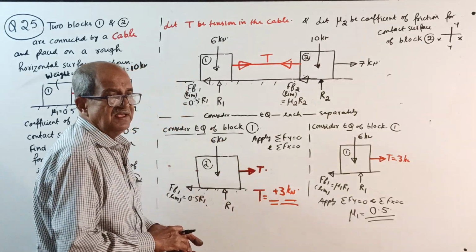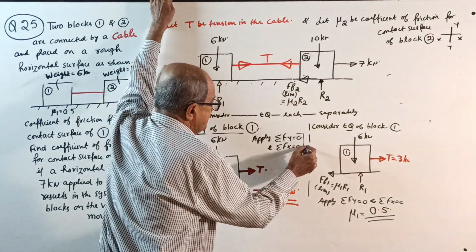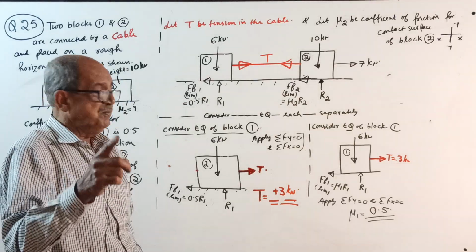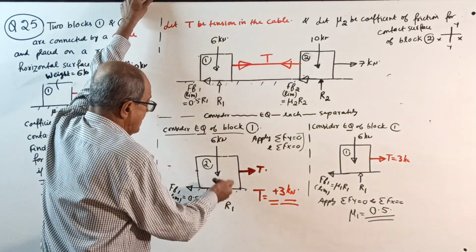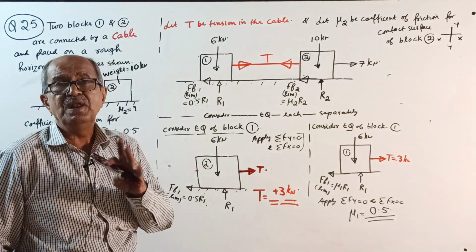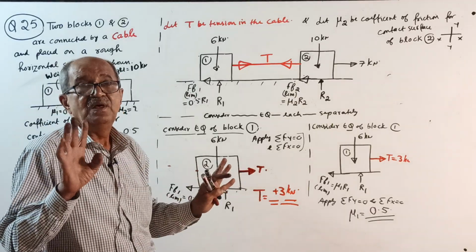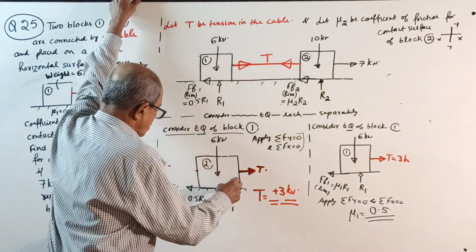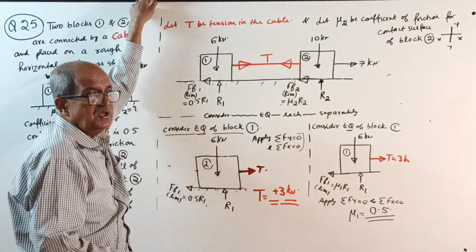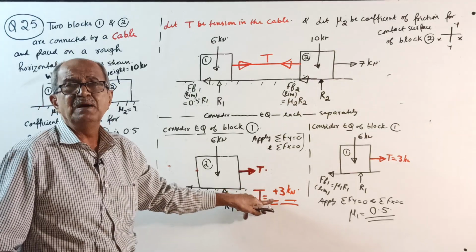Get the tension T. See, apply sigma Fx = 0 and sigma Fy = 0. I will dictate: sigma Fy = 0: plus R1 minus 6 equal to 0. R1 will come 6 kilonewton. Then sigma Fx = 0: minus 0.5 R1 plus T equal to 0. Substitute R1 equal to 6 kilonewton. T will again come 3 kilonewton.